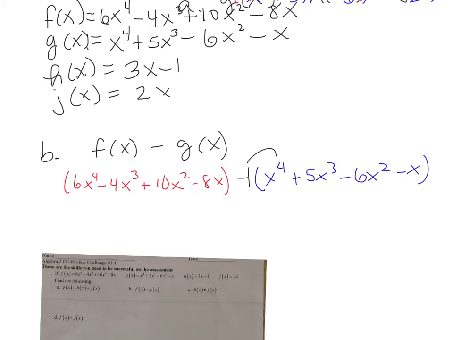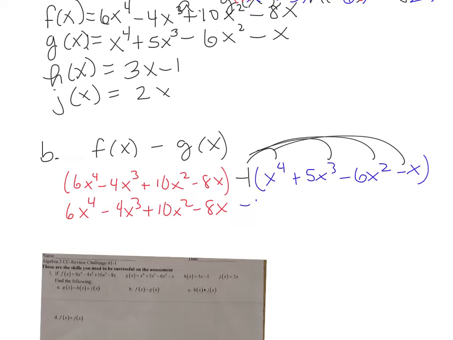Now what we're going to do is make sure we distribute that -1. So it's 6x to the fourth minus 4x to the third plus 10x squared minus 8x. Now distribute the -1. So we get negative x to the fourth minus 5x to the third plus 6x squared plus x.